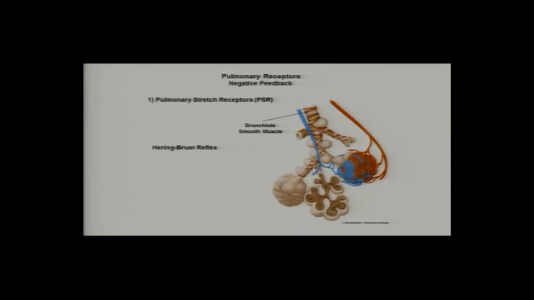And these pulmonary stretch receptors are responsible for a reflex that often happens at the onset of exercise. It's called the Hering-Breuer reflex. Especially if you're not warmed up, if you go from 0 to running, especially if you're me, you end up doing a lot of gasping.